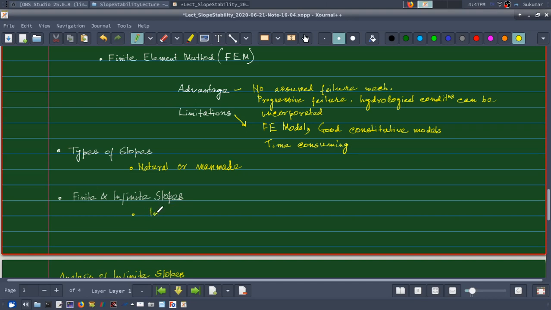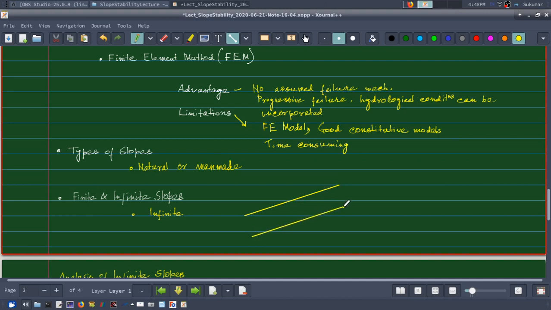Infinite slope means what? Basically, an infinite slope is a slope of large extent, so that the end conditions, that means the boundary conditions very far away in the slope model, do not affect your results. Suppose this is my slope, a very long slope.